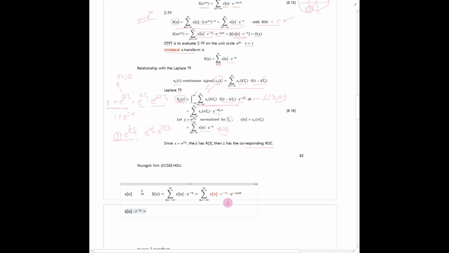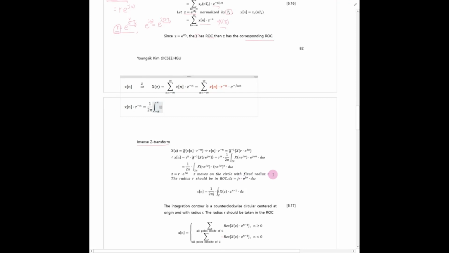So we can use 1 over 2 pi, integral from minus pi to pi, and let this one be X of r e to the j omega.